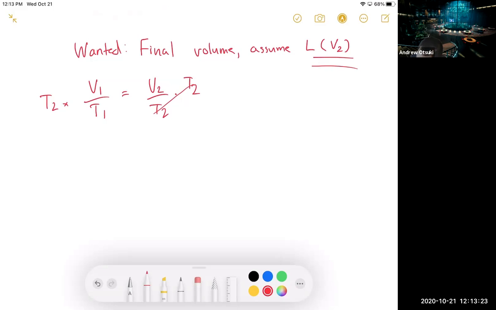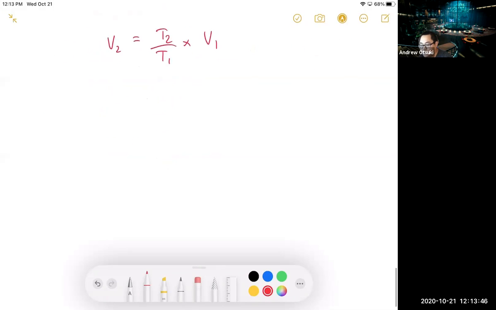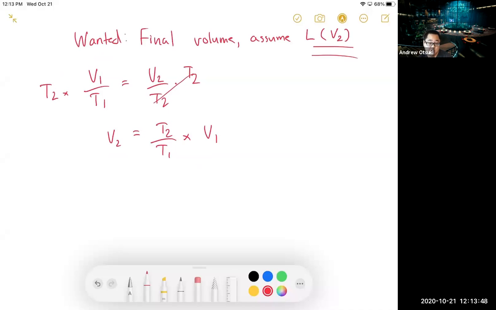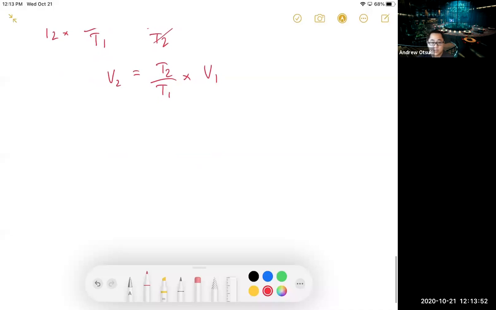So our volume equation simplifies to T2 over T1 times V1. So it may be helpful to separate out the fractions by variables. So maybe it's less confusing. So we're going to be multiplying our first volume by a factor of the two temperatures, because the temperature units will cancel out, right?